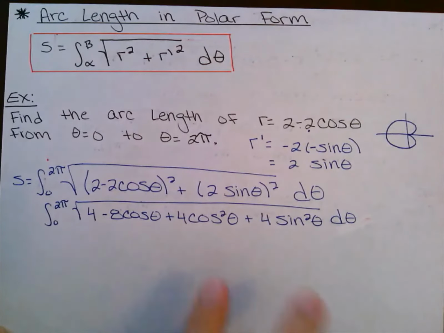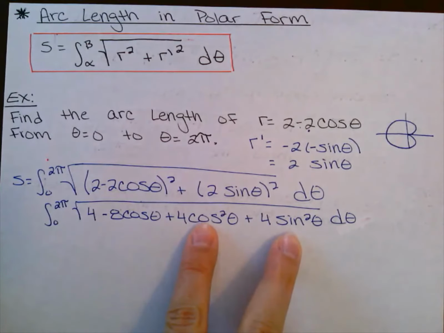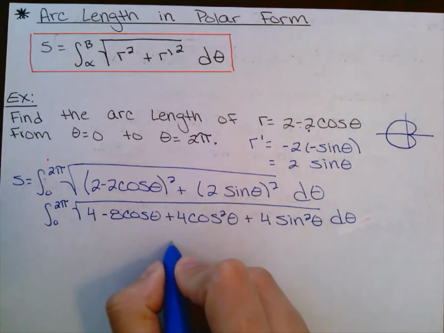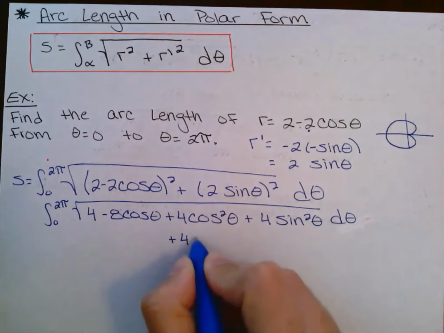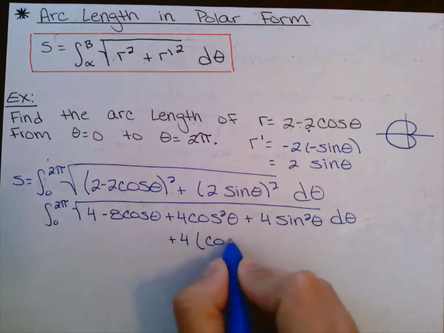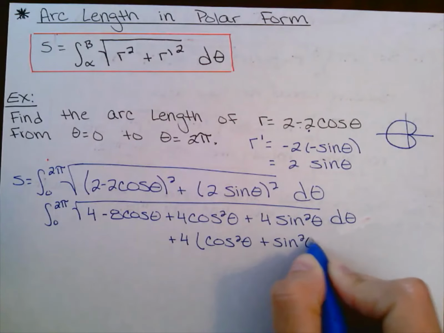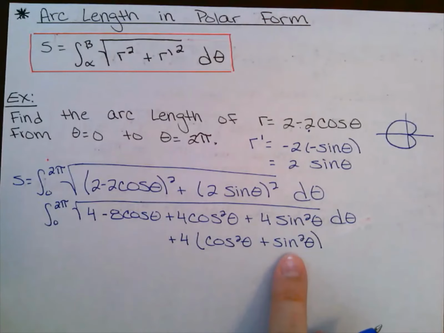So now the fact that I see a cosine squared and a sine squared together makes me think of Pythagorean. I do have that 4 in the way. So I can say I'm going to factor out the 4 and put cosine squared plus sine squared. So cosine squared plus sine squared equals 1. 1 times 4 is just 4.